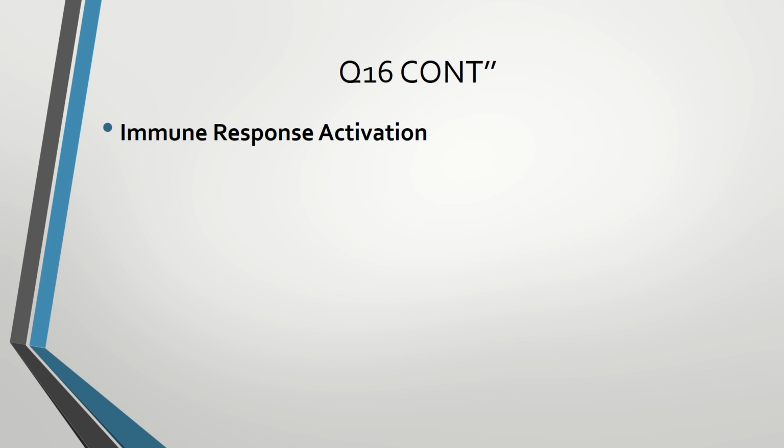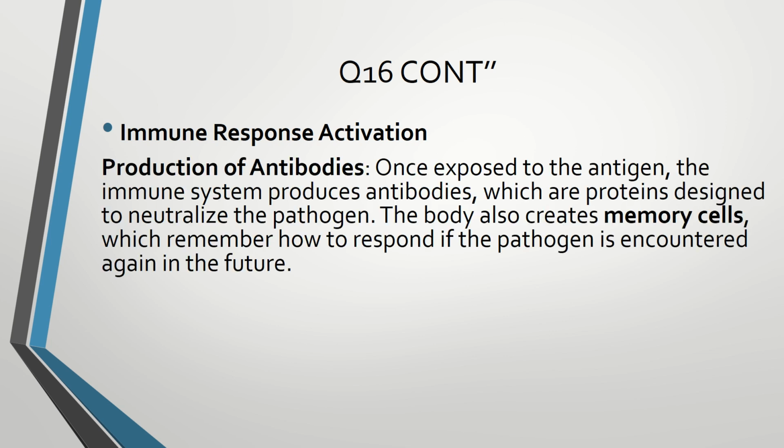The vaccine will be fought against, then it is eliminated from the body, but the memory cells remain. The target of the vaccine is those memory cells. So for the immune response activation, the vaccine will trigger the immune system, so the body will create the memory cells and also the antibodies.